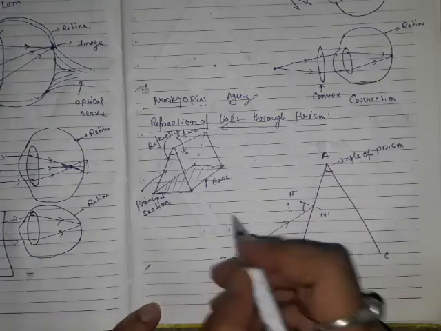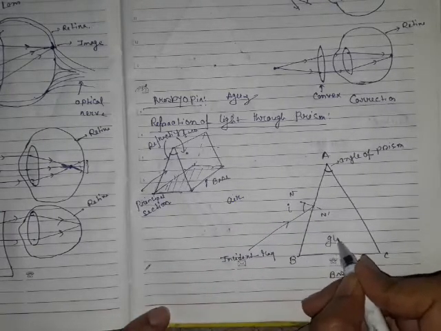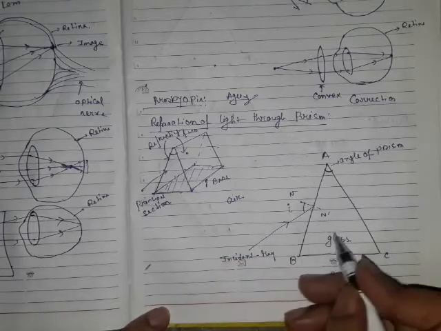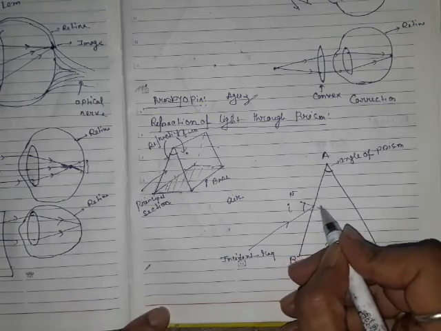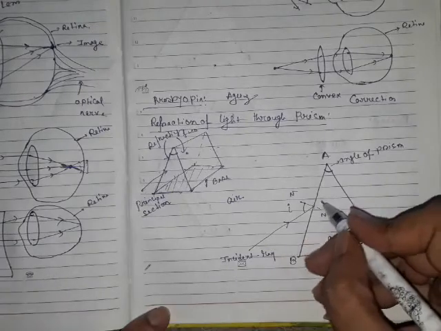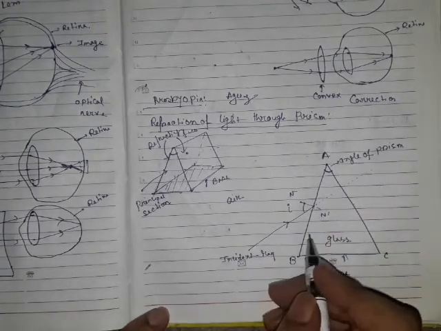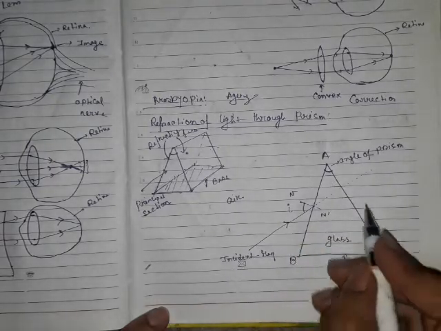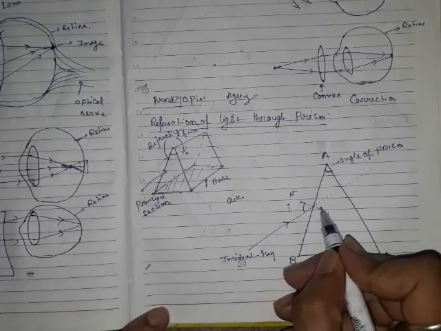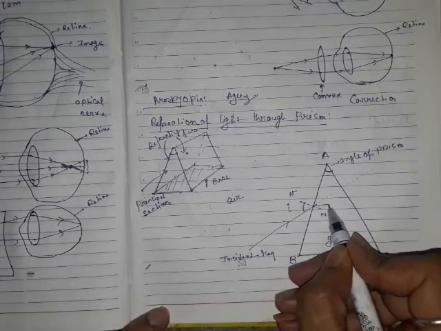Since we are assuming the surrounding is air and the prism is made of glass, glass is denser compared to the rarer medium, so we can expect a bending of light towards the normal. Since this glass prism is present, the light will refract towards the normal and get some deviation, so it will go like this.